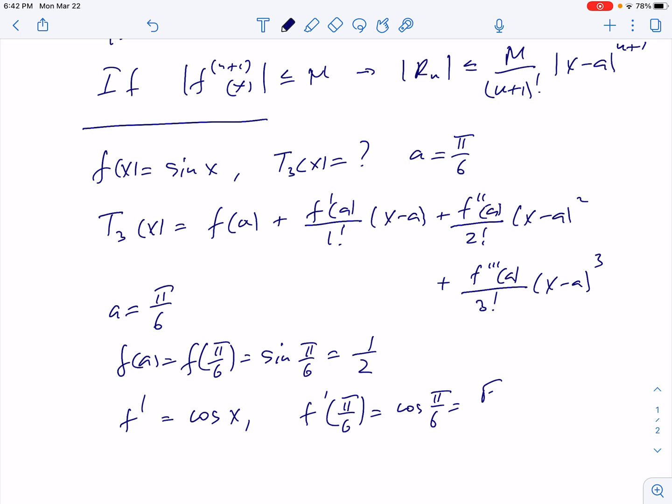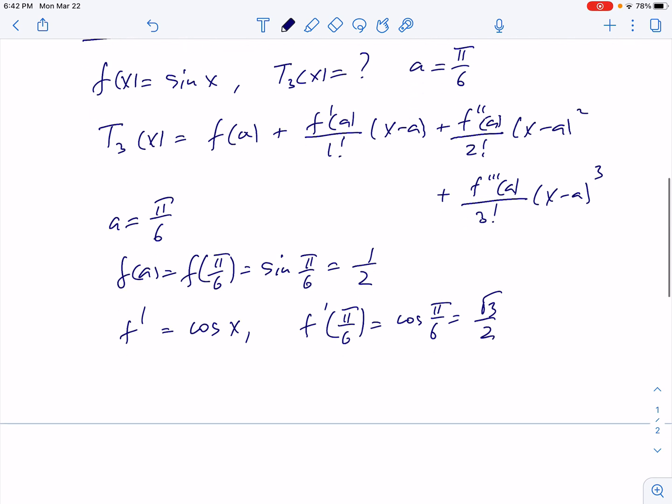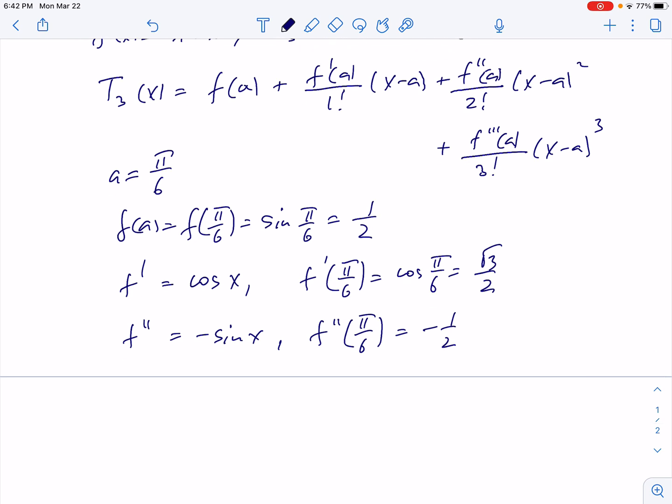This is root of 3 over 2. Moving to the second derivative. f second will be negative sine x. f second(pi over 6) will be negative 1/2. And now we also need the third derivative. The third derivative is negative cosine x. Third derivative at pi over 6 will be negative root of 3 over 2.